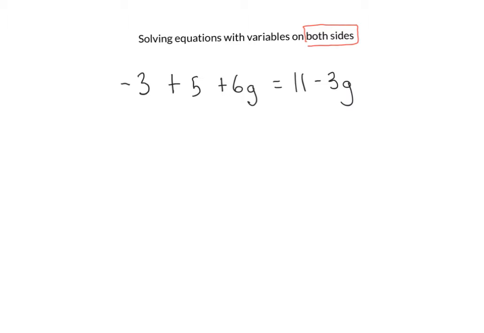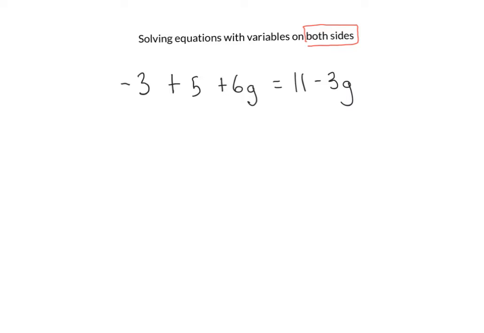Now, what I like to do is always get the numbers with variables on the left and the numbers without variables on the right. So that tells me that I need to take these two numbers and move them over here to the right since they don't have variables, and this expression to the left because it does have a variable.